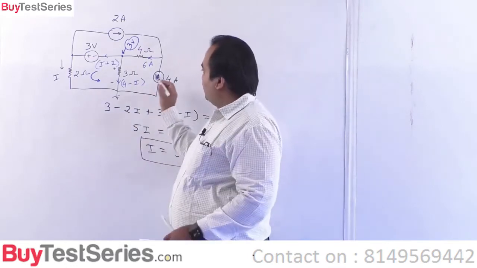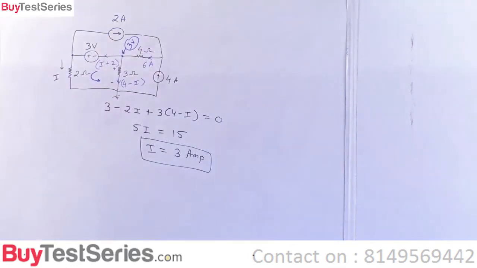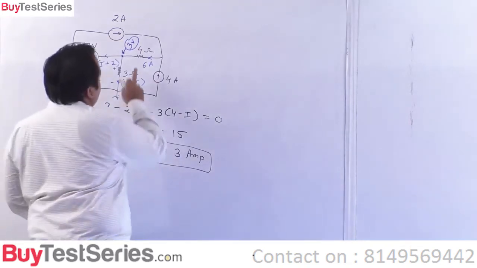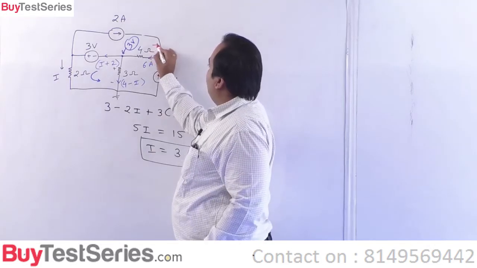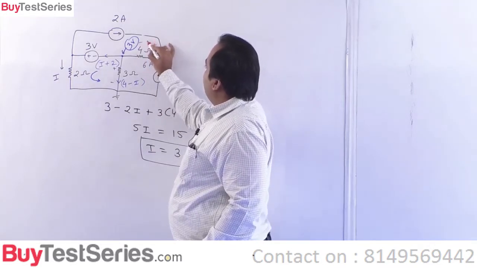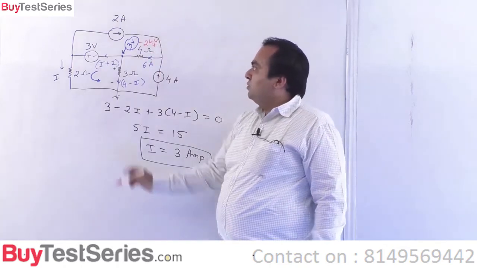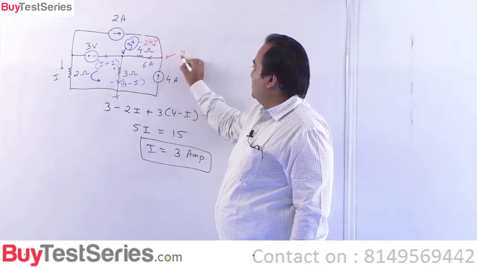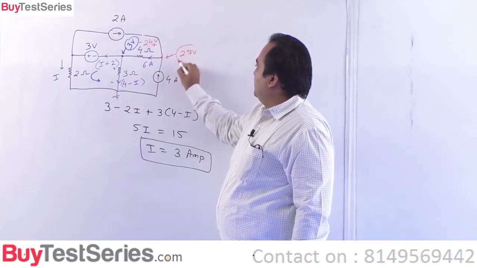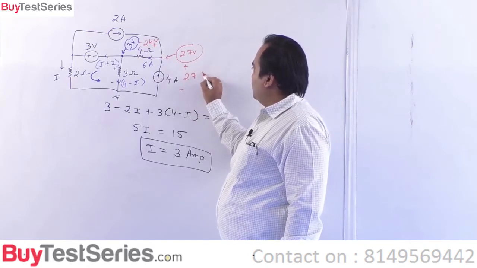Now this voltage drop, as you can see, the current flowing in the 4 ohm resistance is 6 amperes. So the voltage across the 4 ohm must have this polarity, that is 24 volts. So 3 plus 24 has to be 27 volts. This 27 volt is entirely across this current source.